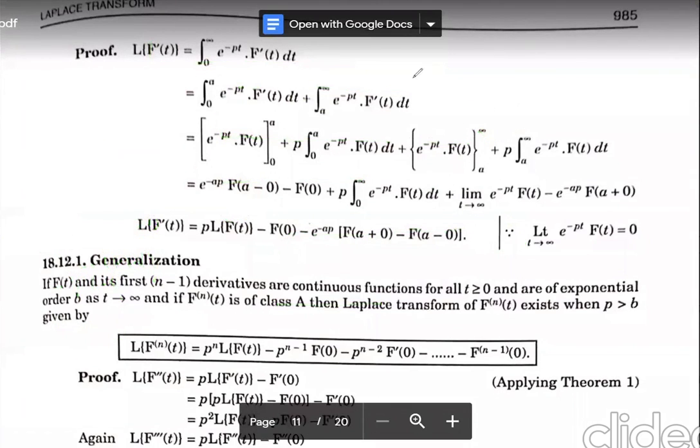Here, just to see, the Laplace transform of f double dash of t. How to write? Okay, before that, let me write first f dash t, then it will be more clear to all of you.